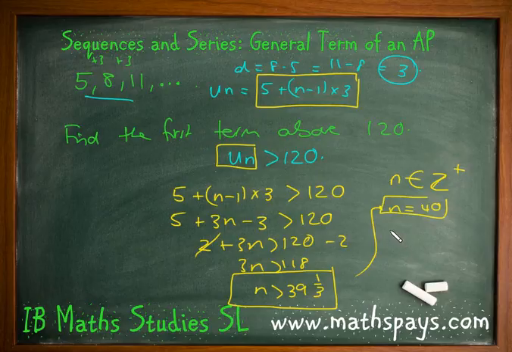So I now go and put it back in and say, well, u40 is equal to 5 plus 40 take away 1 times 3 equals 5 plus 39 times 3, which equals 5 plus 117, which equals 122. Okay, 122.